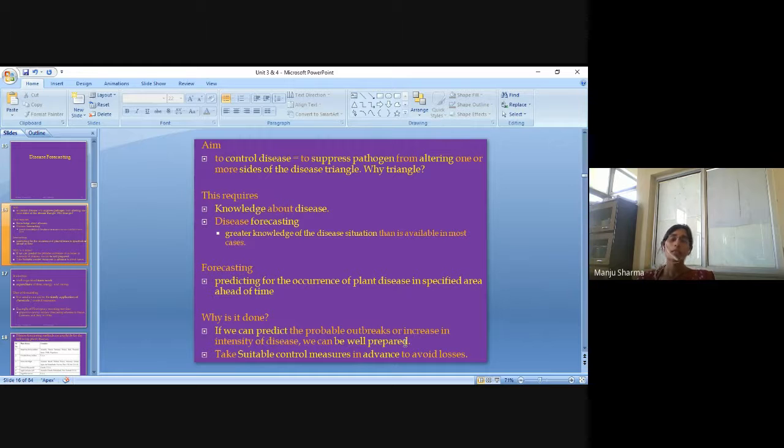Why is it done? If we can predict the probable outbreaks or increase in intensity of disease, we can be well prepared, so we can take suitable control measures in advance to control or to avoid the losses.